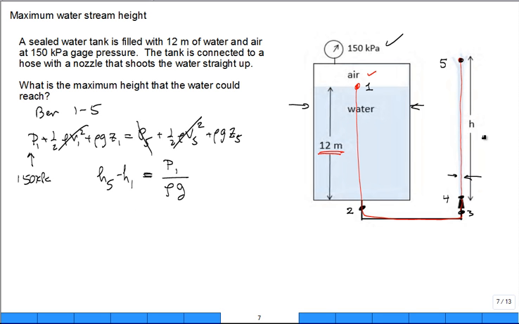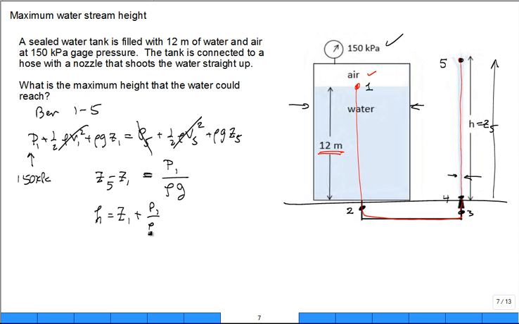But height is, if I introduce a reference state right here, and I go up for Z, then H is equal to Z5. So H is equal to Z1 plus P1 divided by rho g.